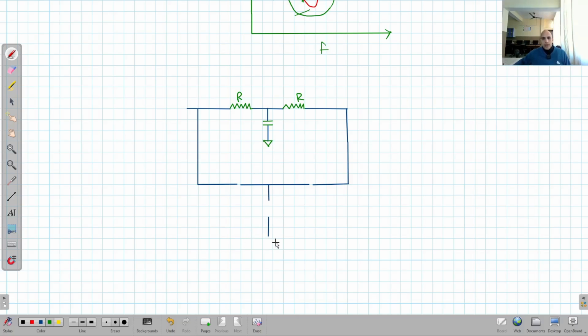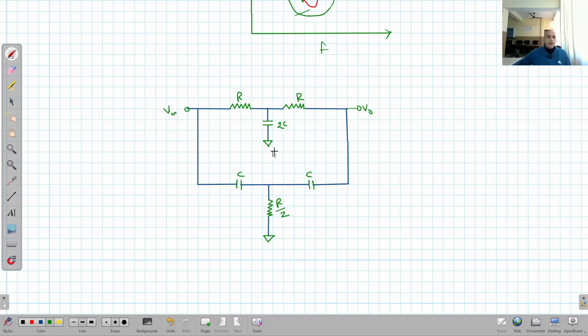Again, here we have a virtual ground. It is a resistance, R divided by 2. It is again a capacitor. This is C and this is C. It is 2 times C. This is V output, and this is V input.